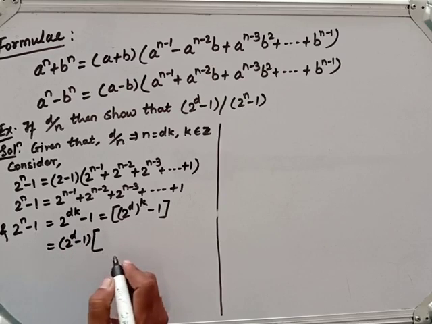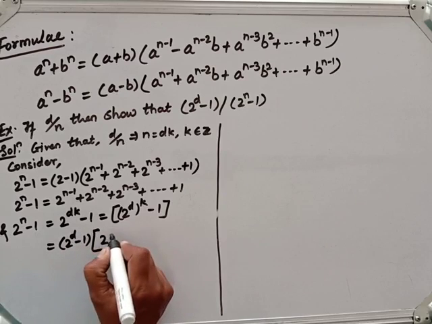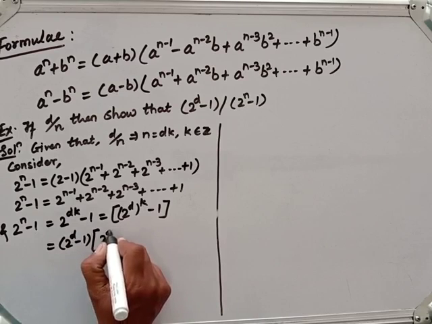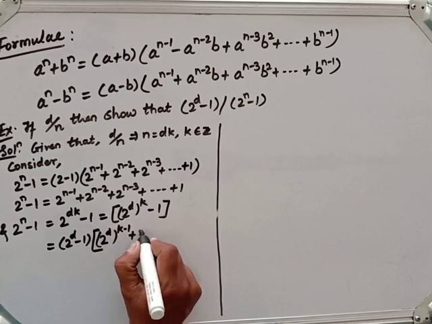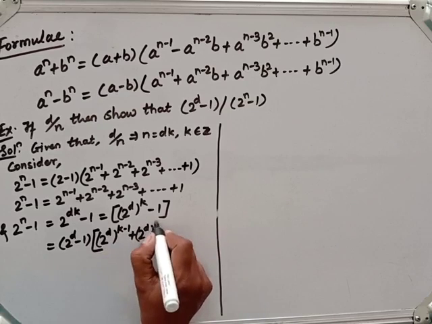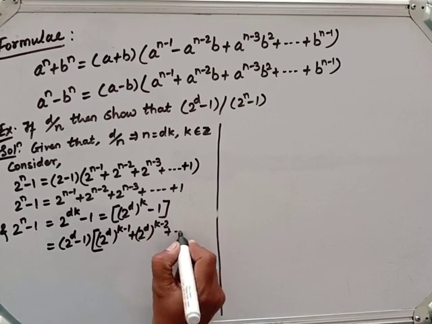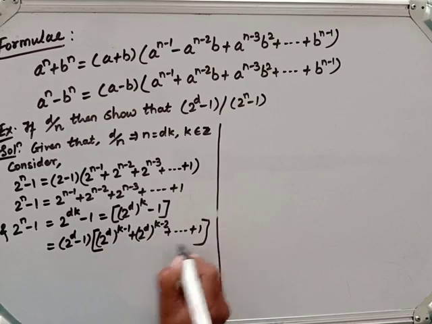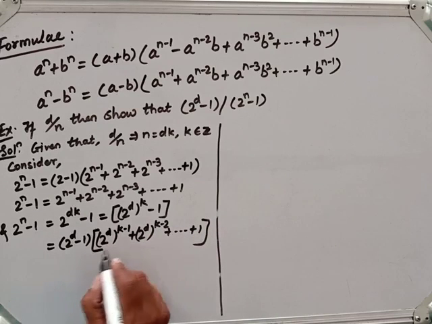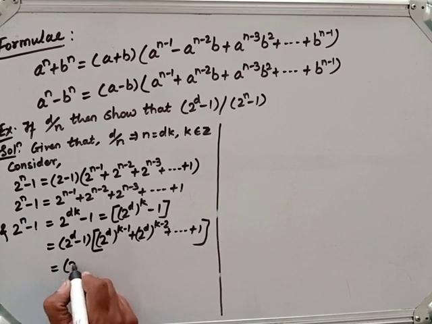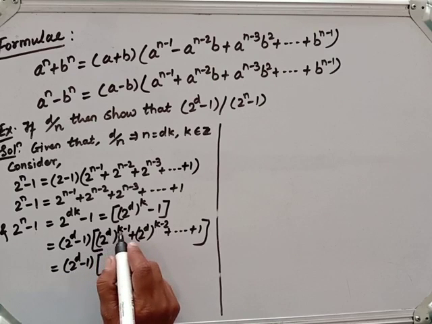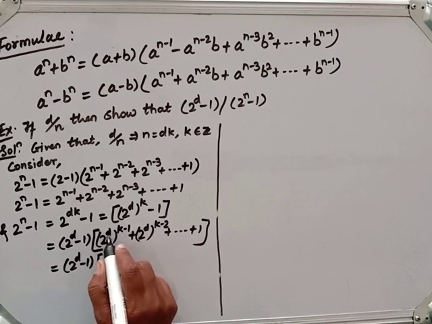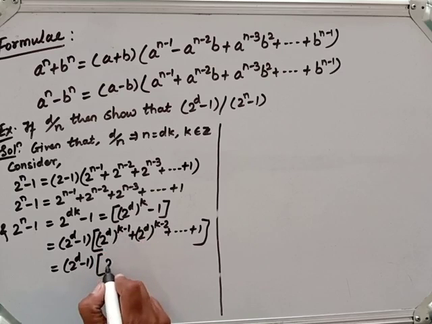And in another bracket what we get? 2 raised to d raised to k minus 1 plus 2 raised to d raised to k minus 2, till 1. Again till 1. So this is 2 raised to d minus 1. Fine. Now here this is 2 raised to dk minus d.